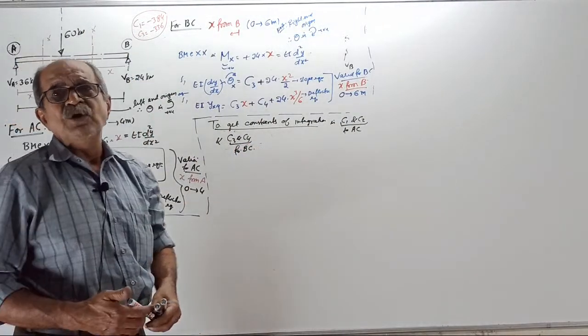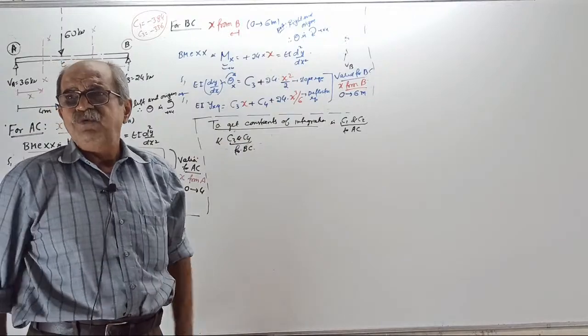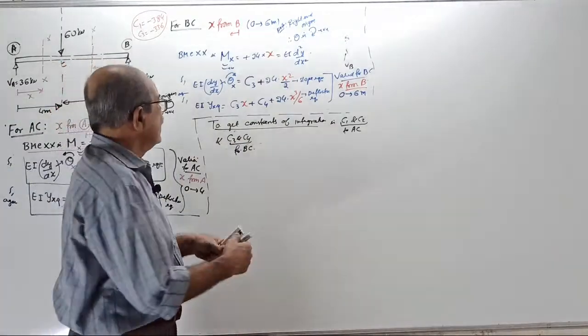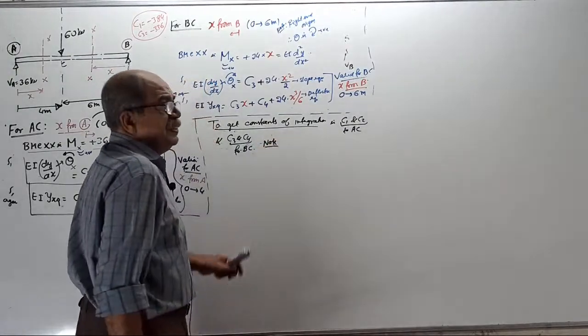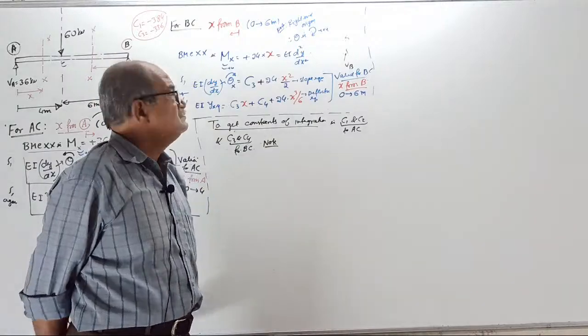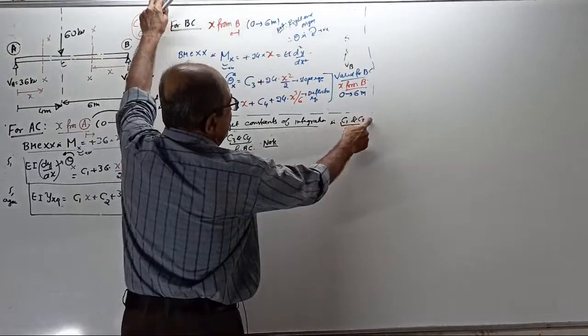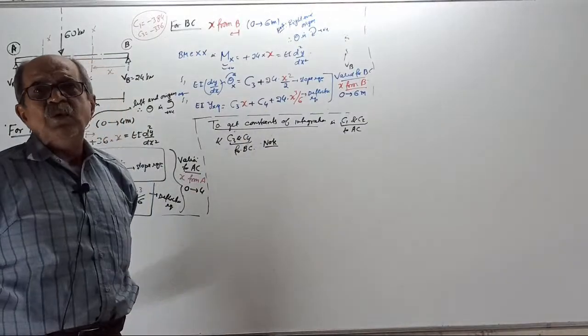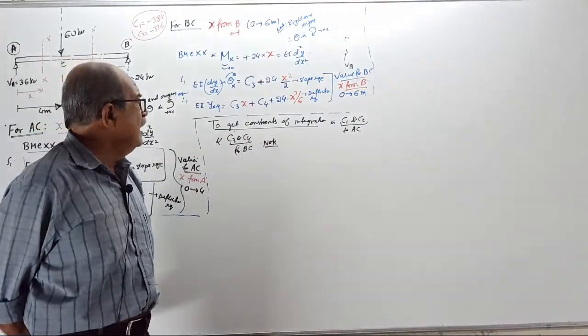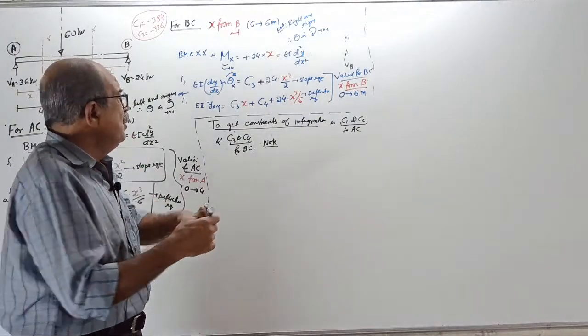So 4 unknowns are there. So you require 4 equations. You can make a note here. Make a note. There are 4 unknowns. Which ones? C1, C2, C3, C4. Therefore, we require 4 equations. Unfortunately, only 2 equations are there.